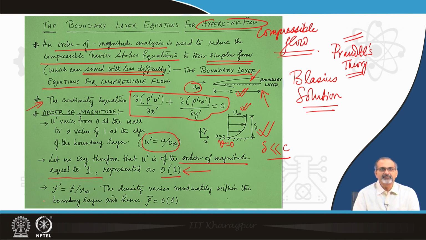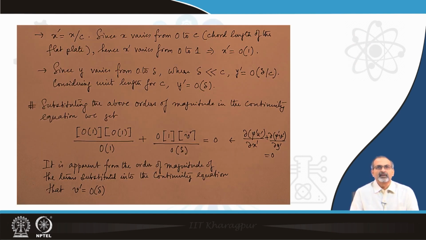If you look at density, for example, the rho dash term by definition is rho by rho infinity. There will be minor variation in density within the boundary layer, and therefore, the rho dash typically is of order 1. The x dash, which varies from 0 to 1 from the leading to the trailing edge of the flat plate.